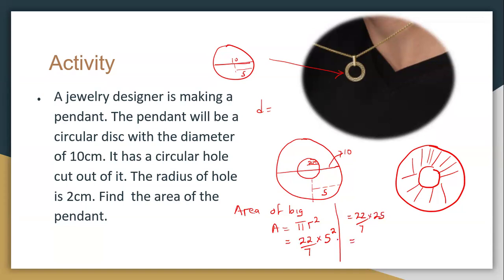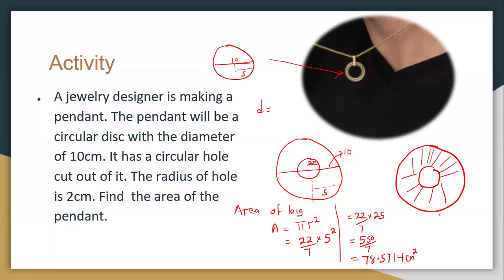When you multiply the numerator, 22 times 25, you end up with 550 over 7, which when you divide, you end up with 78.571. I would advise that when you are writing decimals and the number is still continuing, at least write to 3 decimal places. So this is going to be centimeters squared.